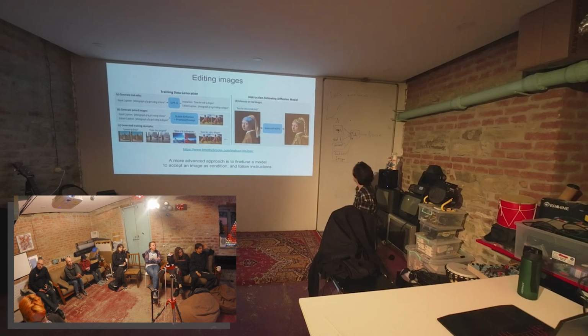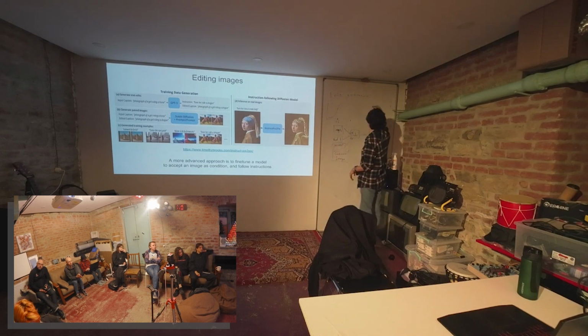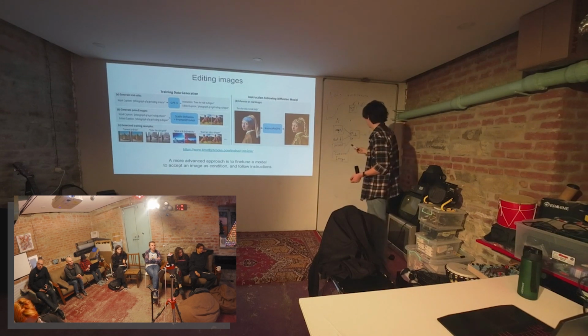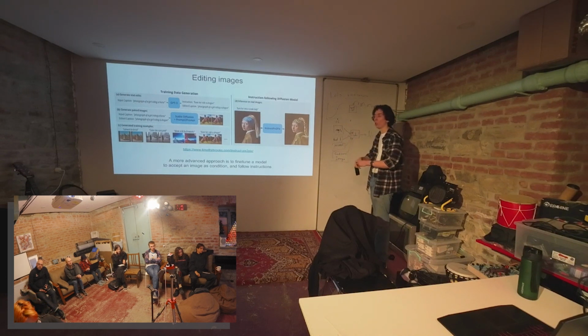So now we still generate images from scratch, like that cat, from this noisy image, then multiple steps. But during this process, not only do we feed the noised image, the level, and the prompt, we also feed a conditional image that we want the resulting image to look like.